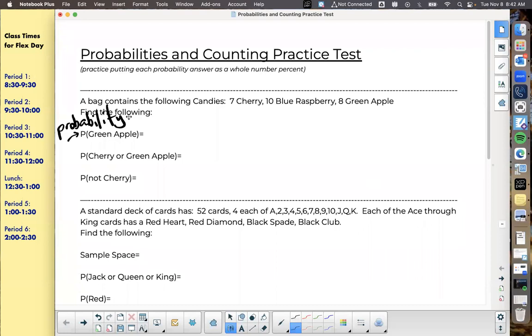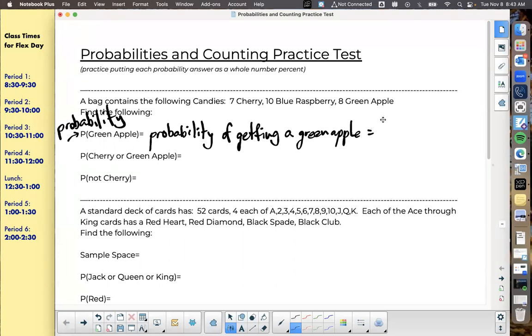But if you have that little P symbol in front of something, it's specifically asking for the probability of getting a green apple. So now probability needs 2 numbers.